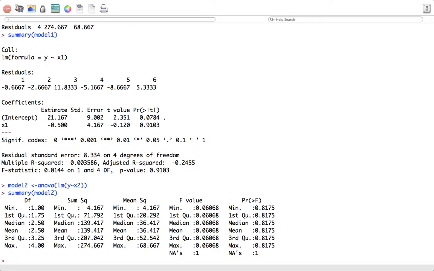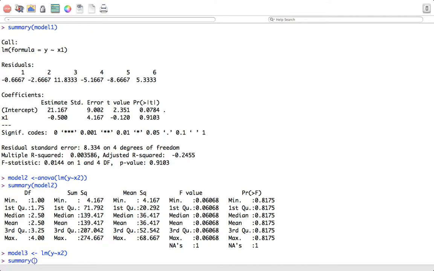Whoa. Oh, darn. Let's call this model 3. Got in a hurry and messed up. So we want y on x2. And now summary of model 3.